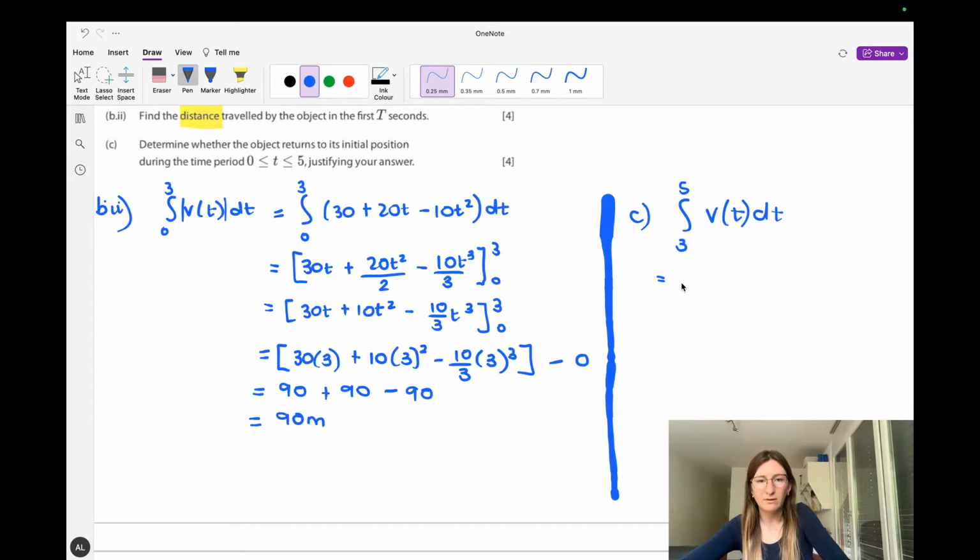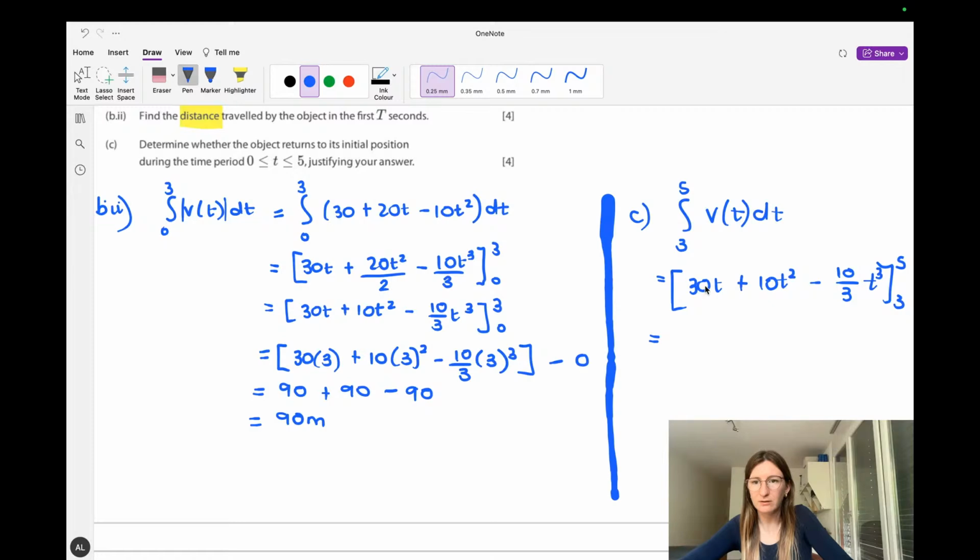We've done all of the hard work already, so I'm just going to go straight to answering that question. What are we at? This was our final 30t plus 10t squared minus 10 over 3 t cubed. And now the only difference here is that we're going from 3 to 5. Oh my word. So this one looks like it's going to be a lot.